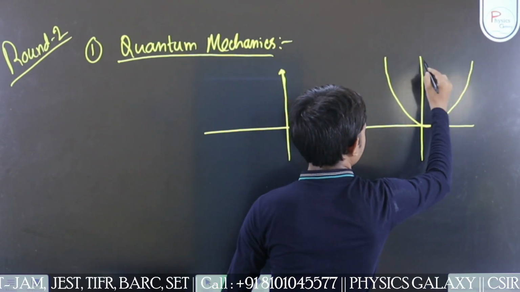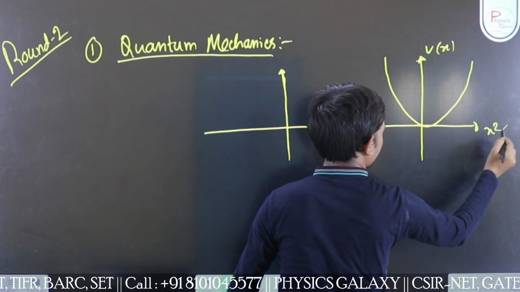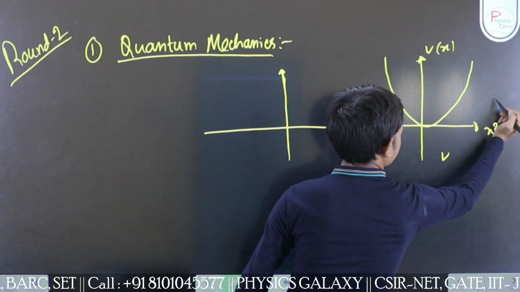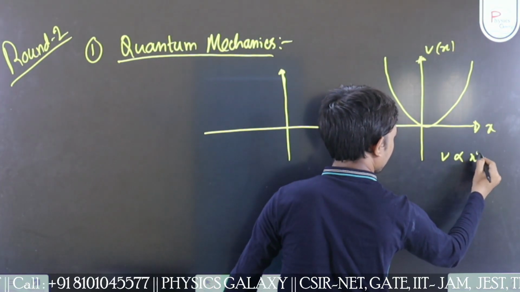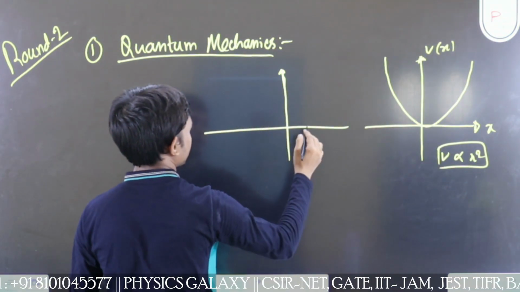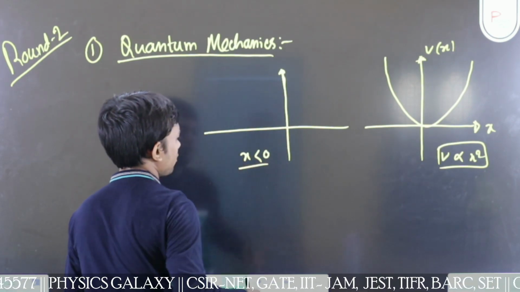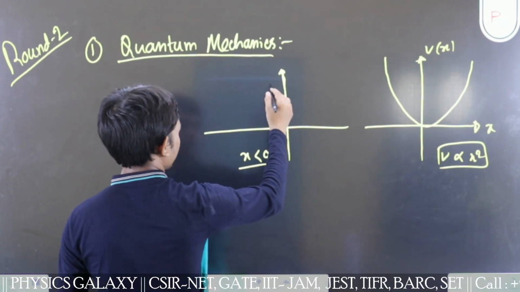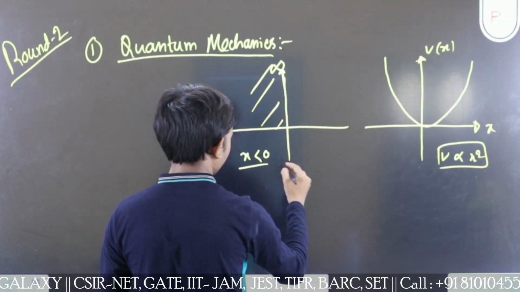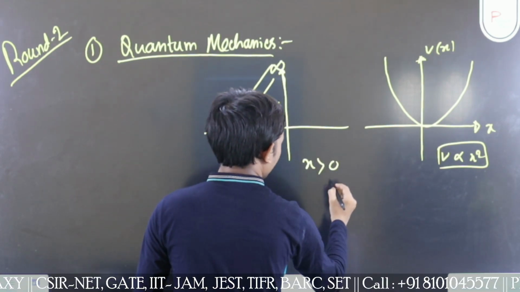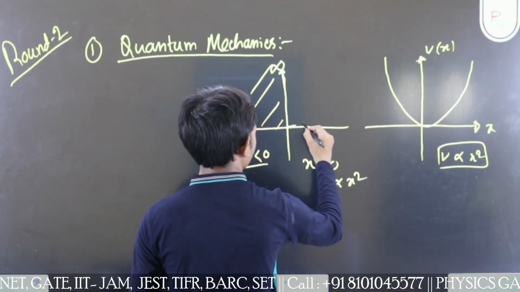For the normal harmonic oscillator, V of x varies as x square. And for the truncated harmonic oscillator, for negative values of x the potential is infinite, and for x greater than 0, V varies as x square, looks like that.